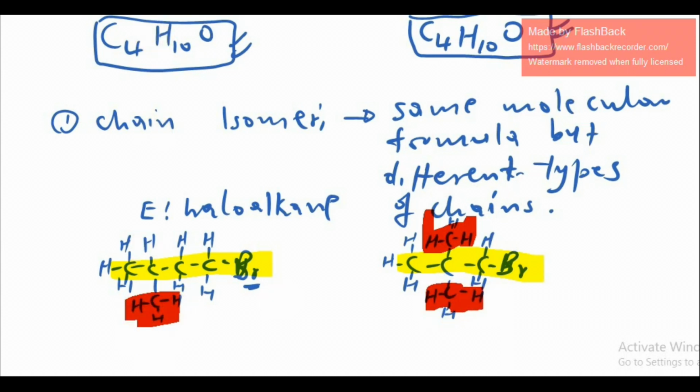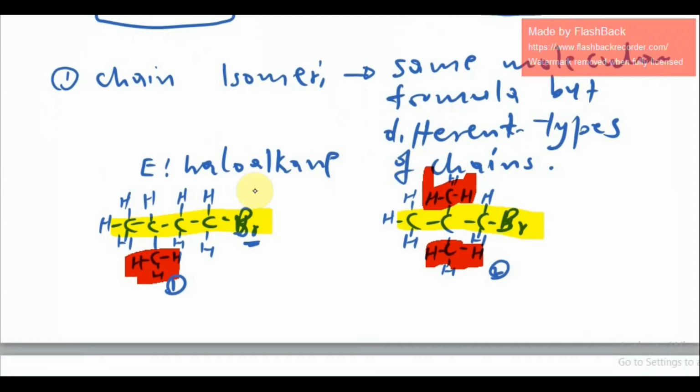We have one branch here, but here we have two branches, which means the types of chain here are not the same, but the molecular formula: 1, 2, 3, 4, 5 carbons, and hydrogens 1, 2, 3, 4, 5, 6, 7, 8, 9, 10, 11. So there are 11 hydrogen atoms. Then we have one Br.